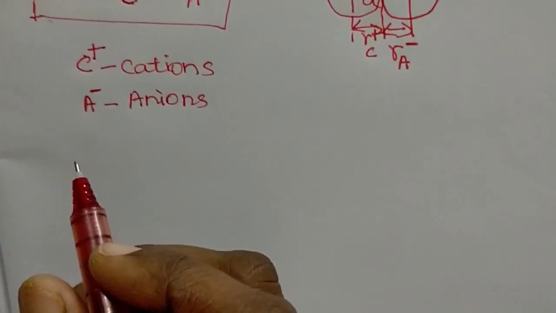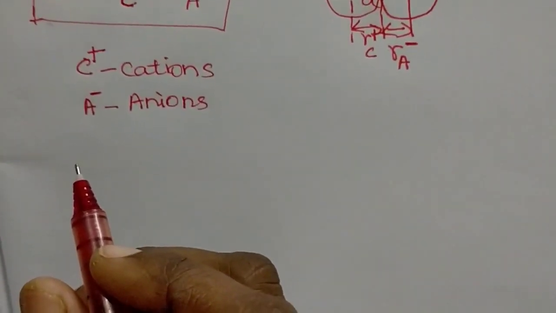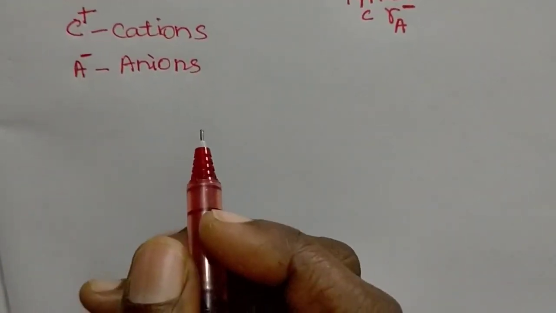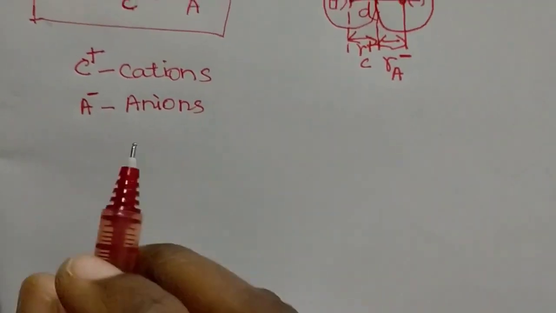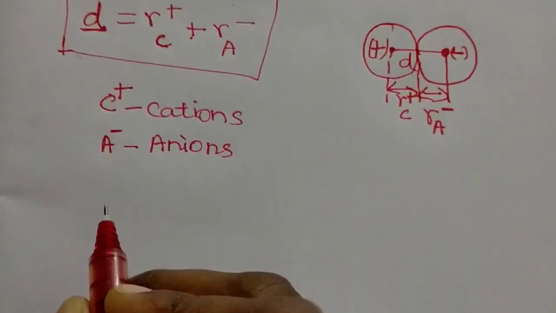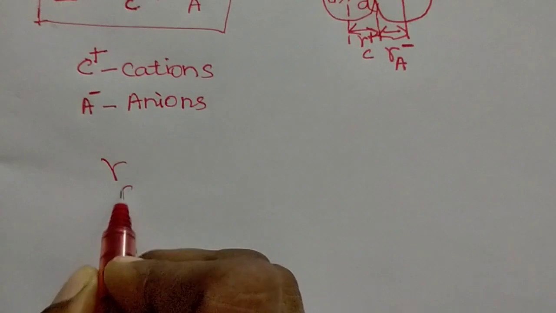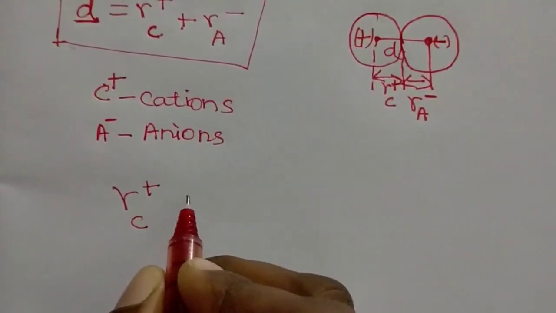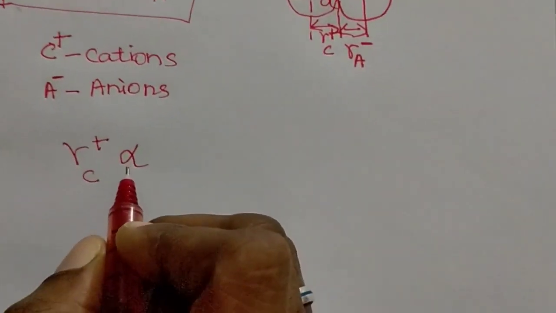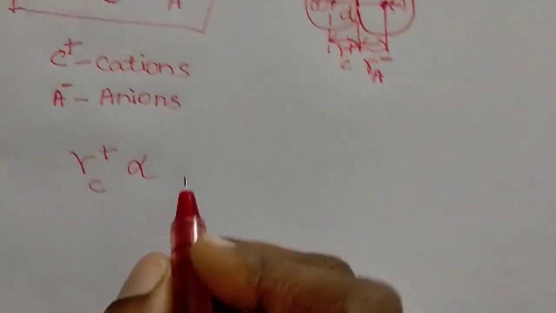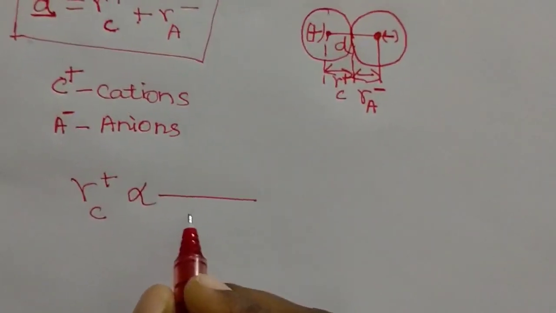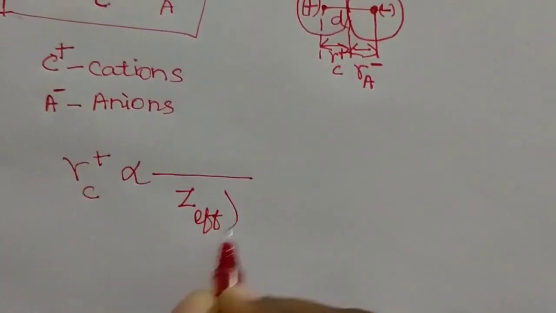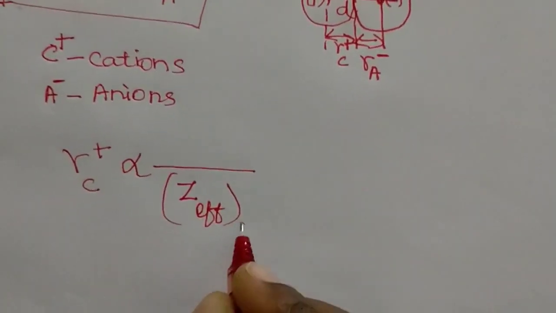Pauling assumed that the radius of an ion is inversely proportional to the effective nuclear charge at the periphery of the ion. So the effective nuclear charge of which ion?